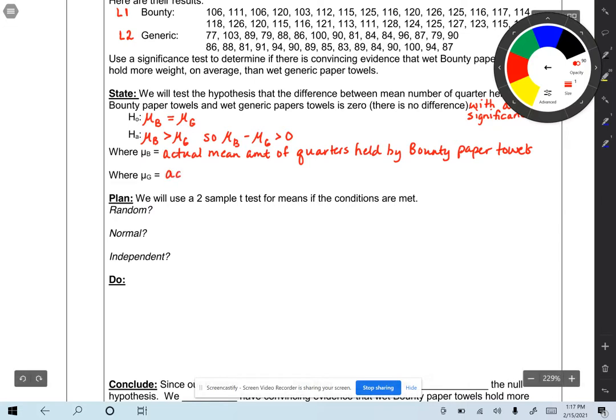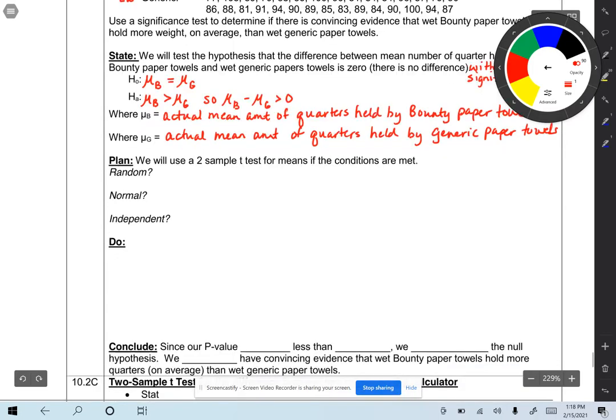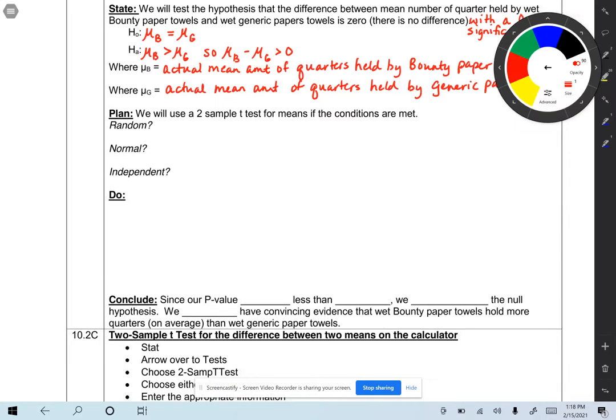And the mean of G is the actual mean amount of quarters held by generic paper towels. If conditions are met, we will use a two-sample t-test for means.